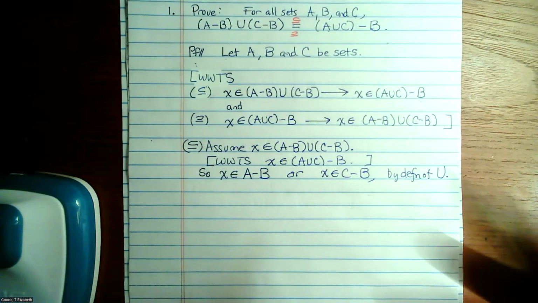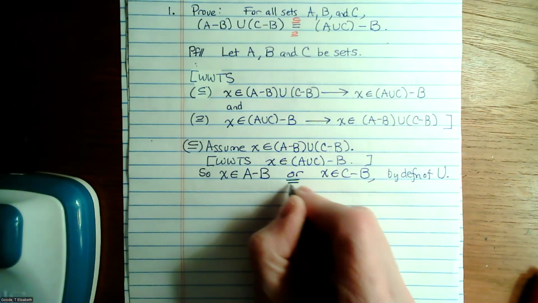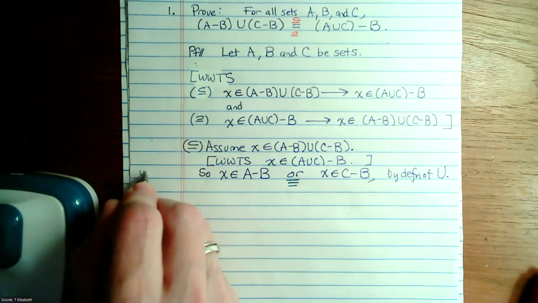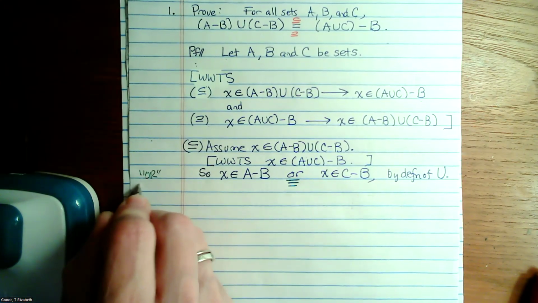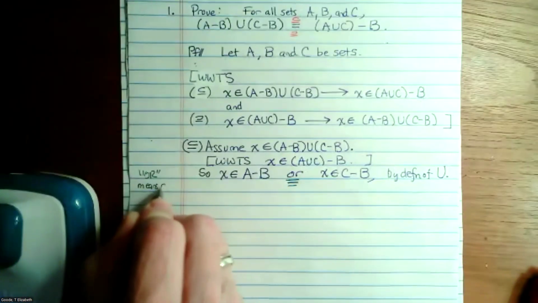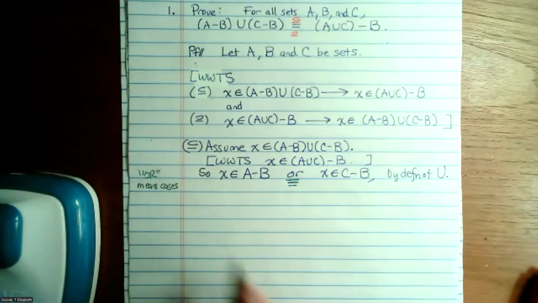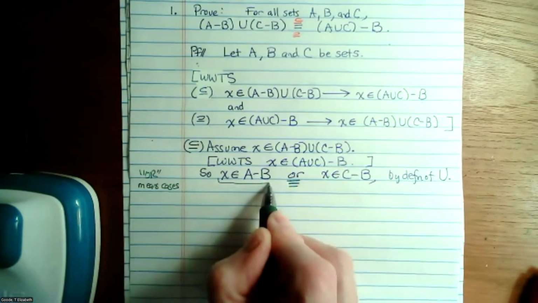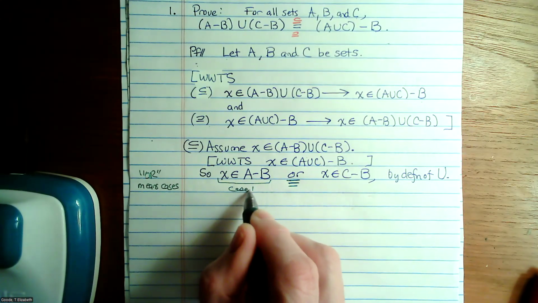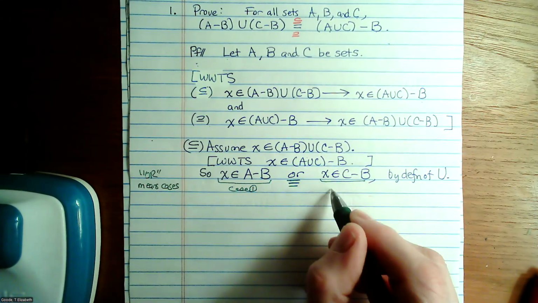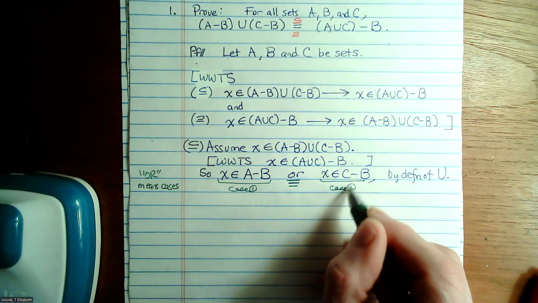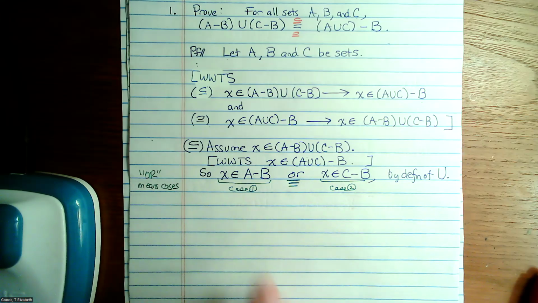Precisely. And the minute we see an or, or means cases. But we've already defined our cases on either side of the or operator, right? We sure have. And that's real helpful because that tells us what we're going to assume in each case.